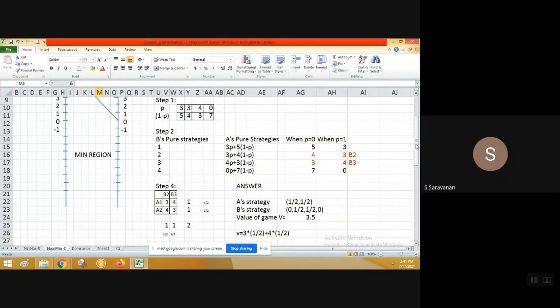When there are 4 strategies, if you can have a better answer from the first 2 or 3 strategies, we will not think about the last strategy. Unless the last strategy is going to prove most effective, I won't consider it. So in that consideration, I have taken B2 and B3. I have skipped B4. It doesn't mean you will get different answers. With B4 also the answer is going to be the same. You can try.